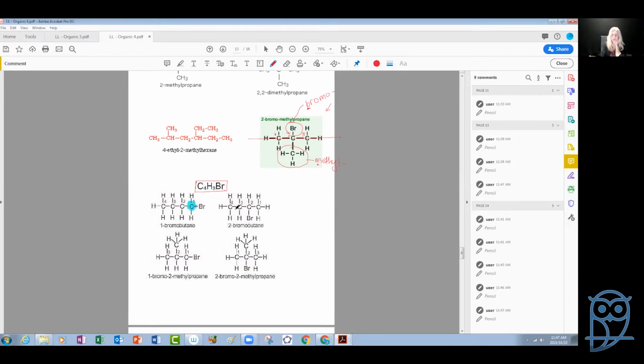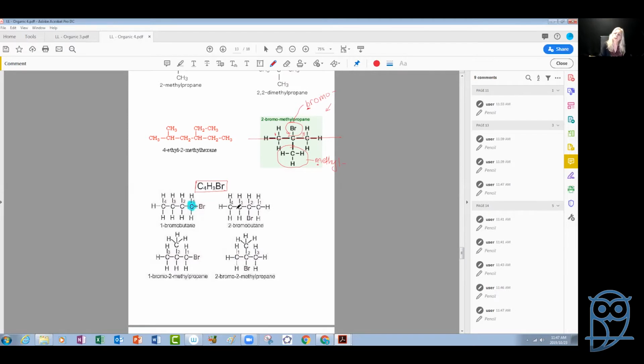In the top 2, the bromine is at different positions, but the actual chain of carbon is just a straight chain. Just the bromine is at different locations.